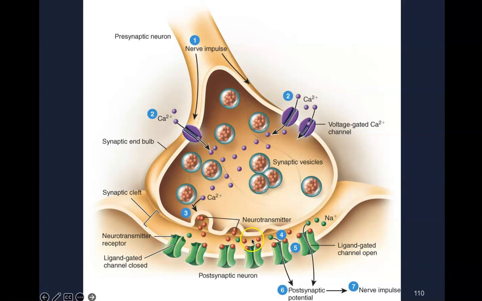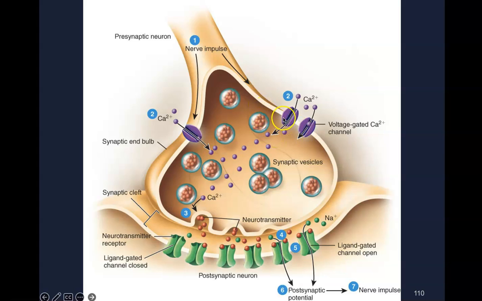if it's going to be a synapse between two neurons. So what happens is as that nerve impulse travels down the axon and then into these axon terminals and then into the synaptic end bulb, you're going to have these voltage-gated calcium channels at the end. So as voltage-gated sodium channels are opening here and allowing sodium in, that's causing a change in the resting membrane potential here.